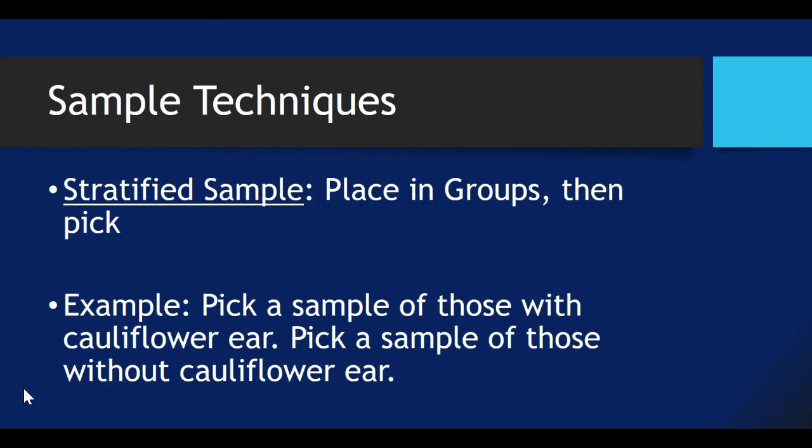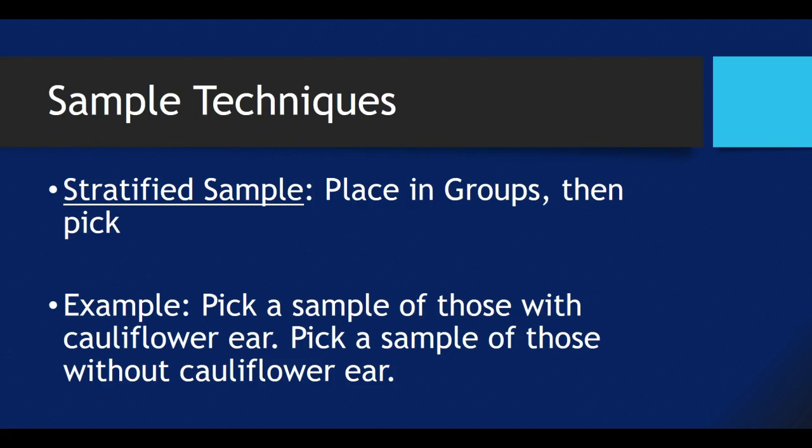But again, lots of wrestlers and mixed martial arts people have them, but in the general public, they're pretty rare. So if I sat out and did a systematic sample outside the grocery store and picked every 100th person, you would likely find nobody with cauliflower ear. All right.